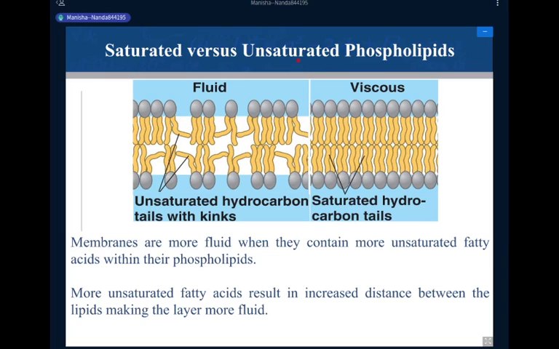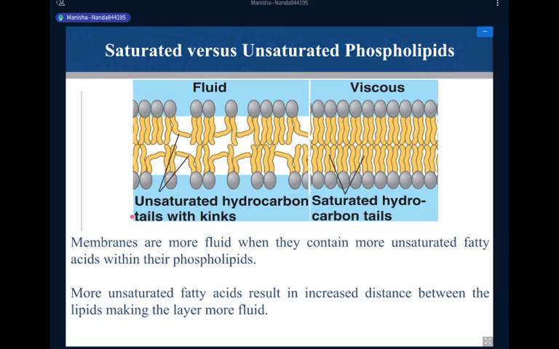What is the meaning of the terms saturated and unsaturated? Palak says saturated means single bonds and unsaturated means presence of double or triple bonds.